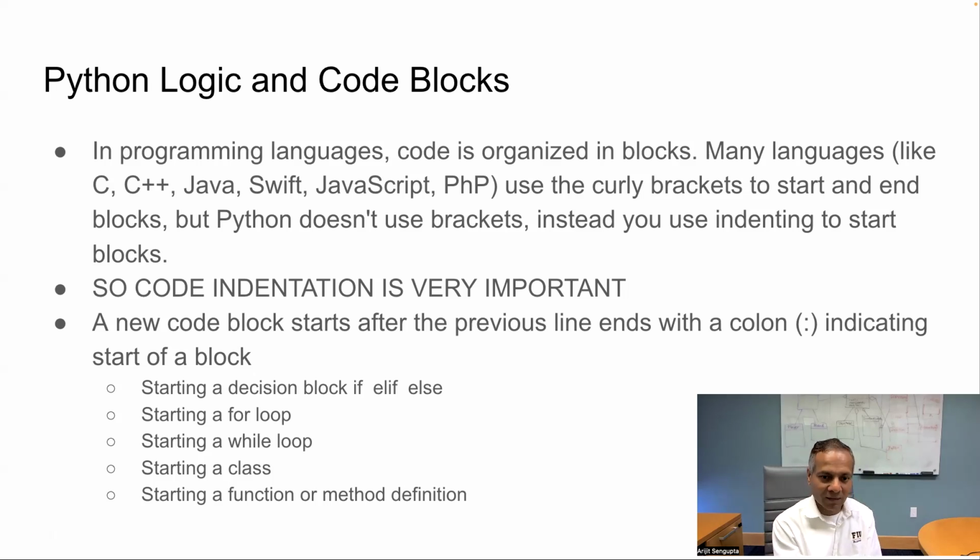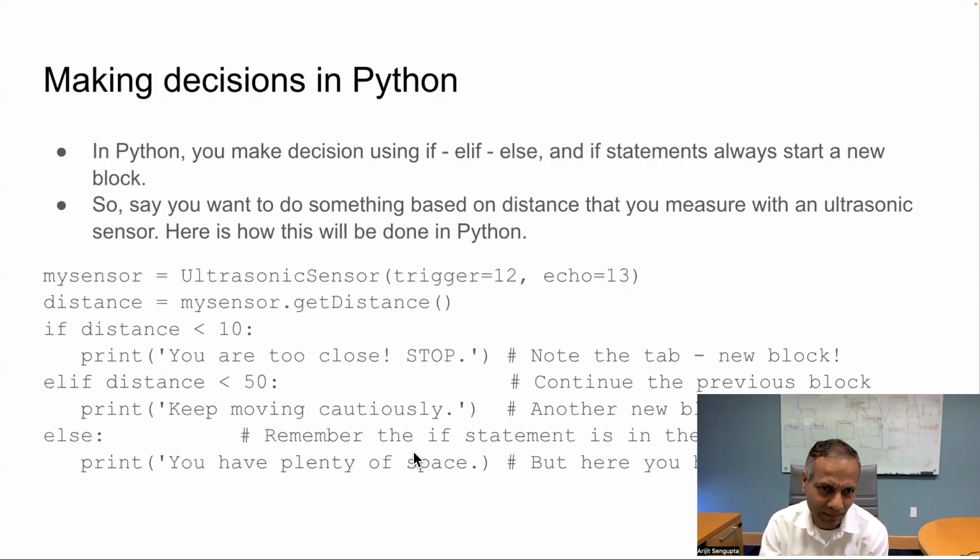Some examples of those statements are decisions, if then else. If something happens, you create a new block. When you're doing a loop, you create a for loop, colon, new block, and that block is the one that is going to loop for that for loop. And we'll see examples of those.